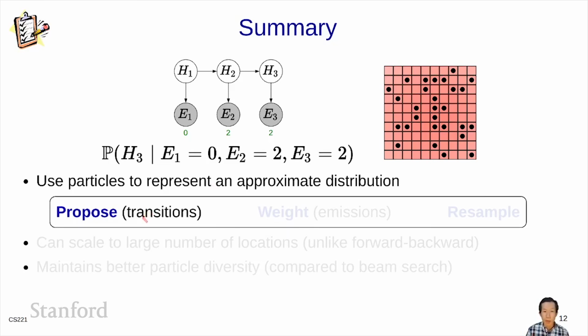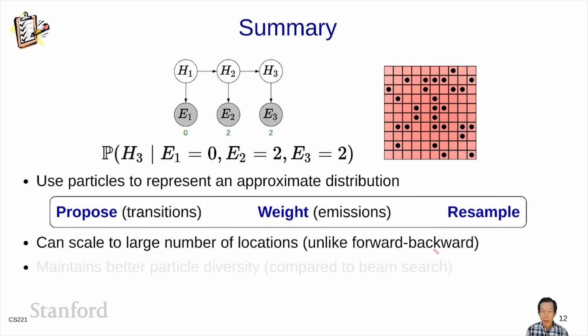First, we propose, where we take a particle and transition it to the next time step. This is a guess of where the object is going to be at the next time step. Then we fact check our guess by reweighting the particles based on the emission distribution of what we actually saw. And then we reallocate our resources by resampling, and this allows the particles to occupy the regions with higher weight.